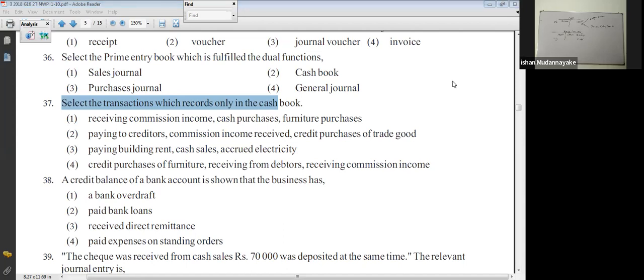First one: receiving commission income, cash purchases, counter purchases. Yes, the answer is correct. First one is the answer.